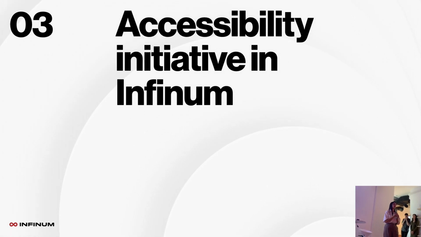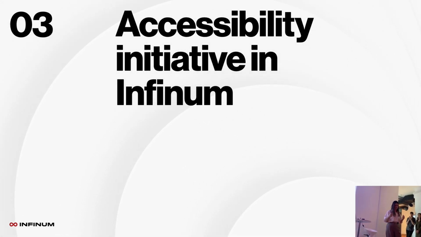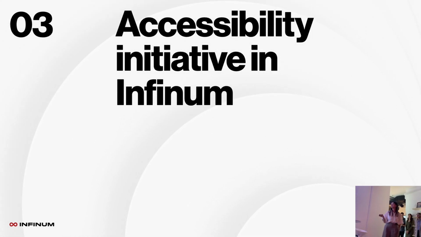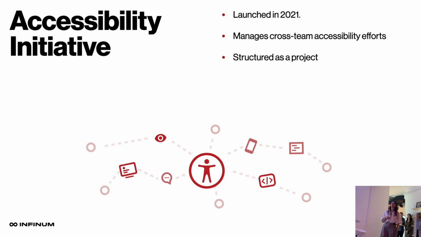Then I would just like to give you an overview regarding our accessibility initiative here in Infinum. We started with this topic somewhere in 2021. It was a couple of enthusiasts who were very interested in this topic, and we really wanted to make our products better. It started very small, the initiative came from the QA team.